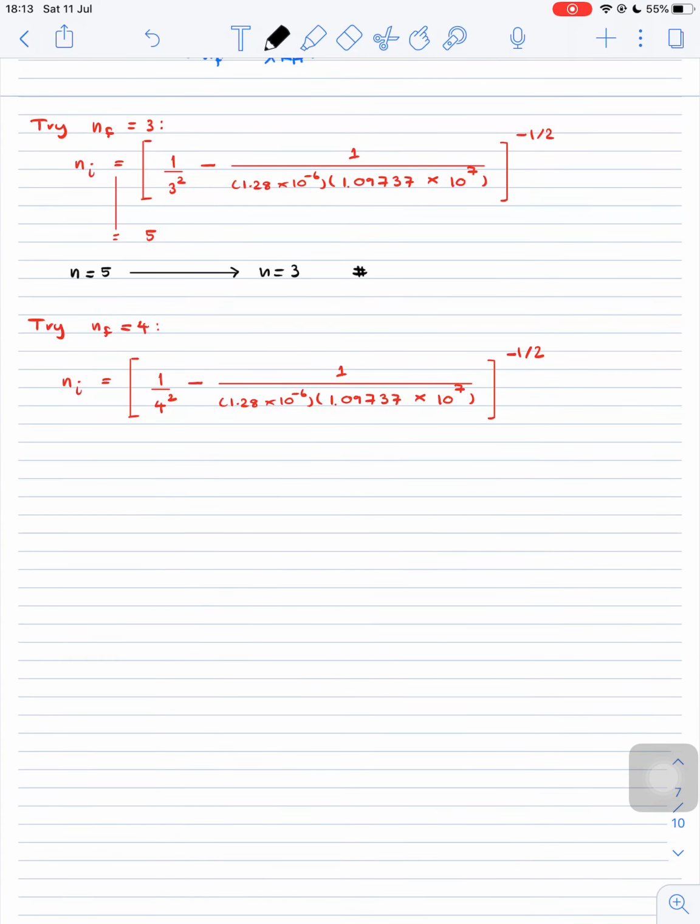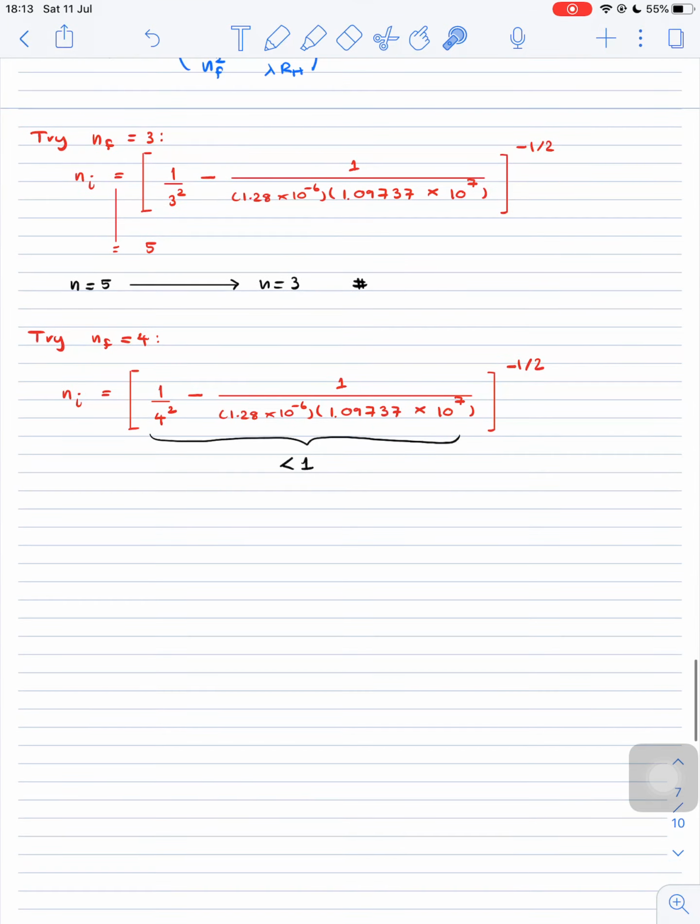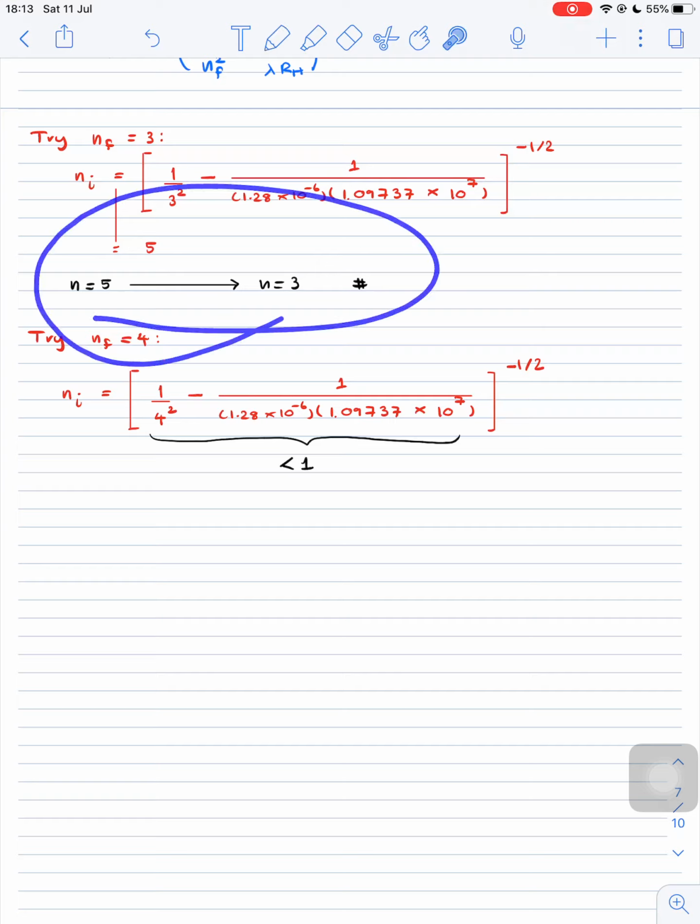Why? Because the whole thing here is less than 1, so we have the square root of a number which is less than 1. You will not get a real number, you will get an imaginary number. So this is not going to work, and the answer is only this one.